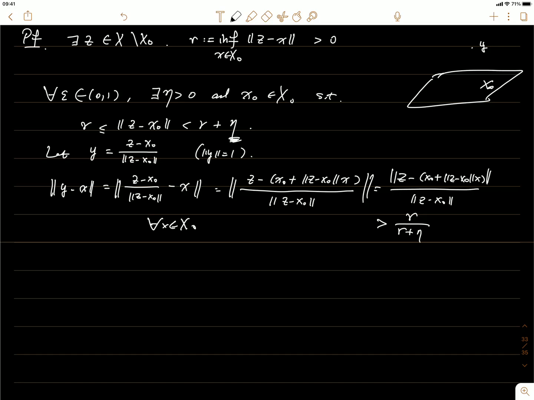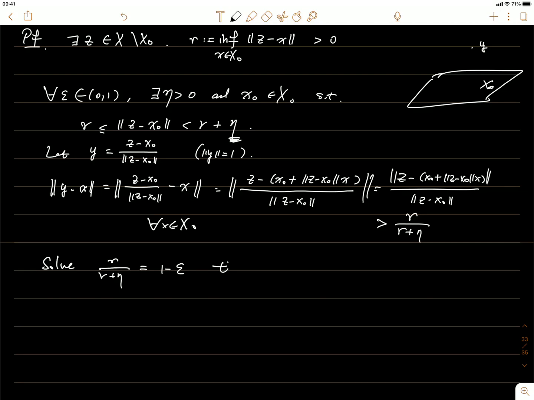If I want this to be greater than or equal to 1 minus epsilon, I just need to make sure that r over r plus eta is greater than or equal to 1 minus epsilon. Or for simplicity, I can just set this equal to 1 minus epsilon and solve for eta. So we solve r over r plus eta equal to 1 minus epsilon.